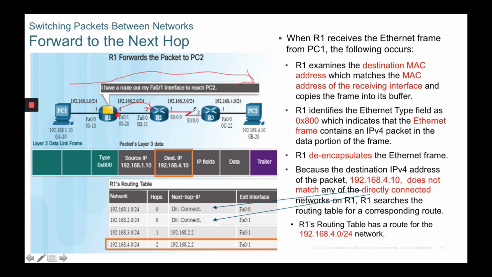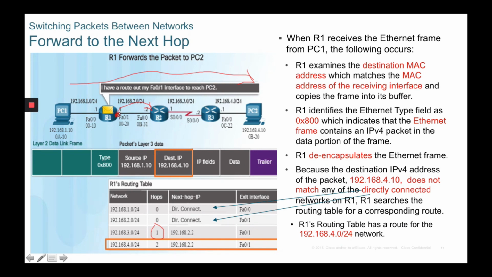So your number of hops here is only 1. And the exit interface of router 1 to go to 192.168.3.0 is through FA0/1.